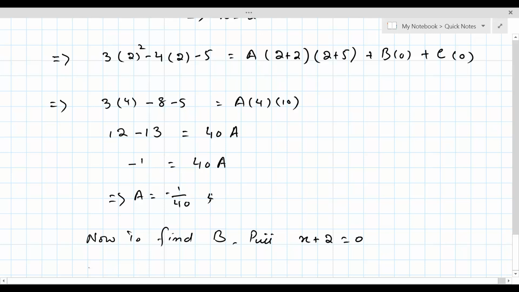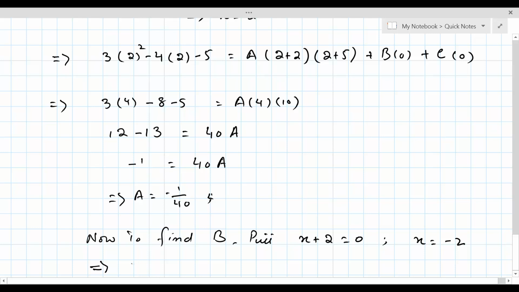This gives us our x equal to minus 2. So once we have this value of x, we can put this value of x back in the equation 1.